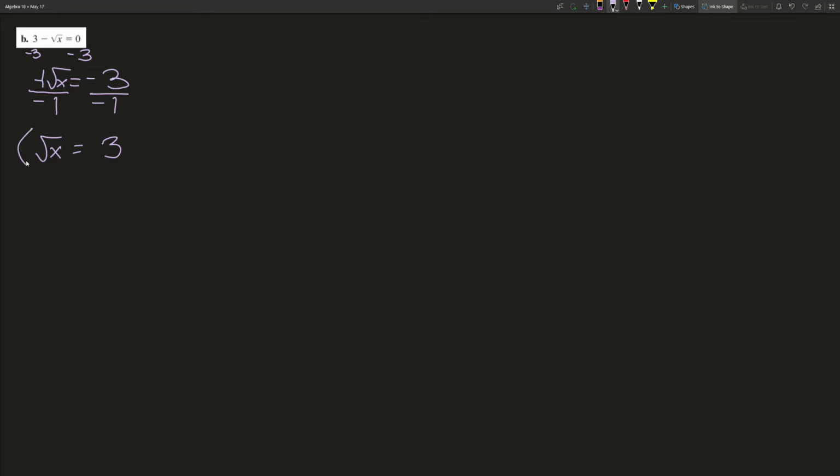And now we can square these two. Let me rewrite it again. Remember, whatever you do to one side has to be done to the other side. So, radical x squared is equal to x. 3 squared is equal to 9. And that'll be the answer.